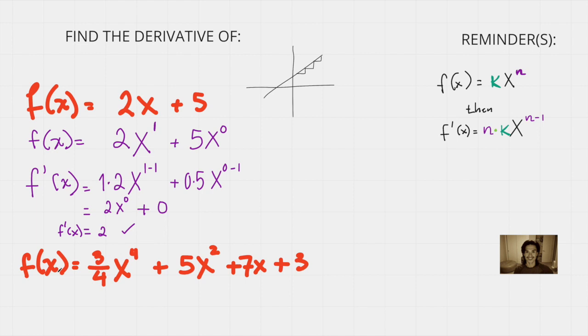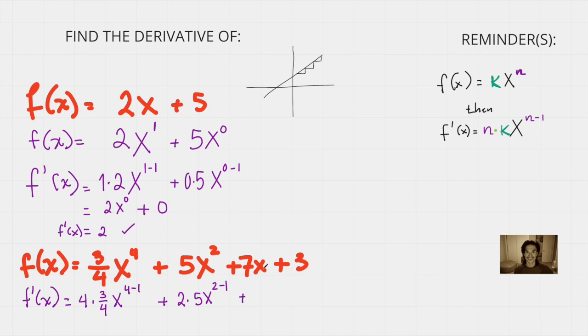Now that is a bit different when you have a function that is not linear, in this case a polynomial. And we can follow the same rule to find f prime of x. It's no different. So we drop the 4, so it will be 4 times 3 over 4, which is just a constant, x to the power 4 minus 1, plus we drop the 2 and multiply by 5, and then we take the 2 and subtract 1.